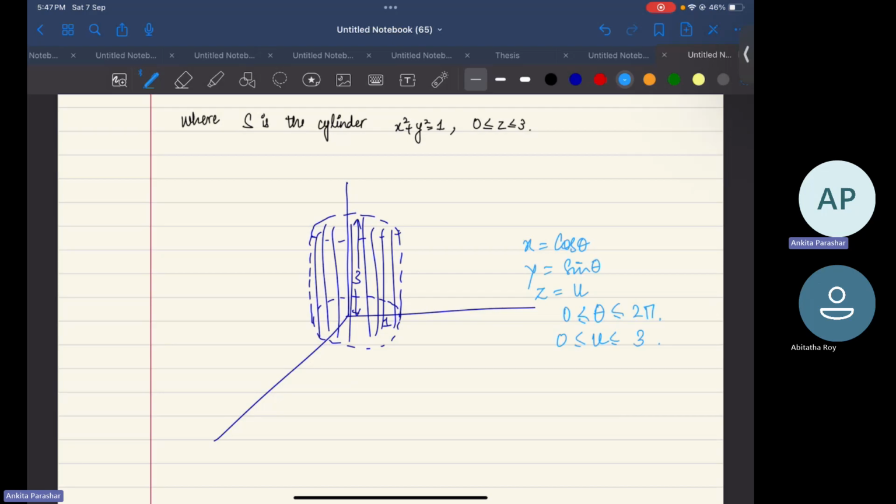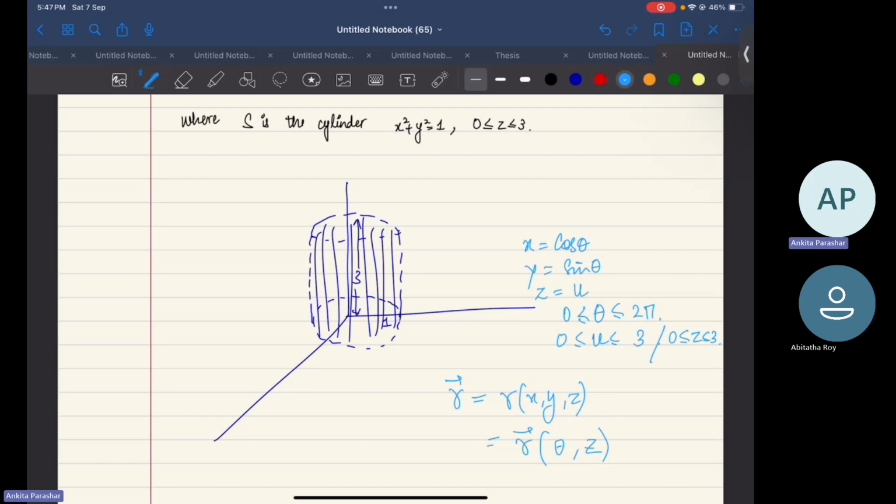Then your r, which is r of x, y, z, will be r of theta comma u, or you can simply write z also. Any point on the surface, I'm just changing by a parameterization which has the parameters theta and z or u, whatever.